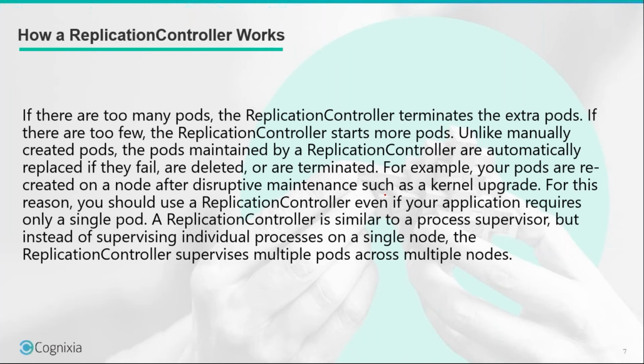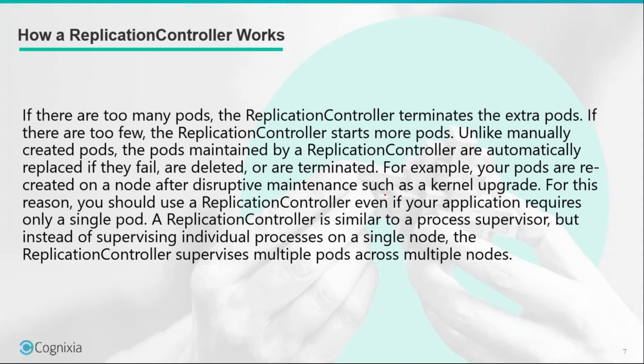If there are too few pods, the replication controller starts more pods. Unlike manually created pods, the pods maintained by the replication controller are automatically replaced if they fail, or are deleted or terminated. For example, your pods are recreated on the node after disruptive maintenance, such as a kernel upgrade. For this reason, you should use the replication controller even if the application requires only a single pod.